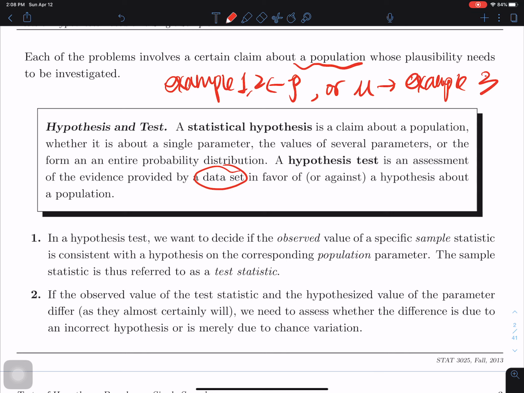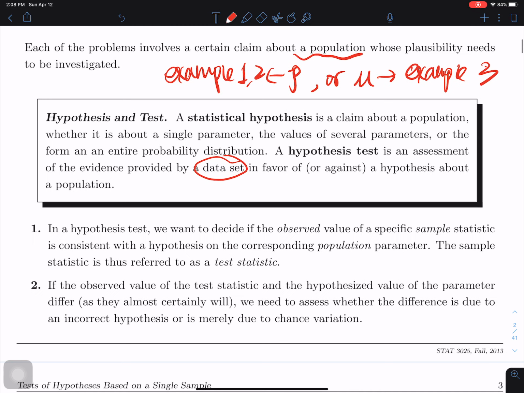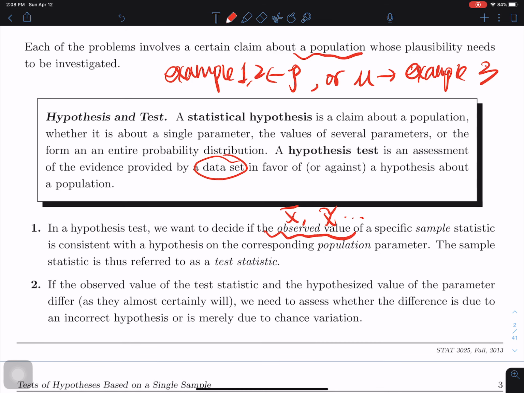And in the hypothesis test, we want to decide if the observed value, where the observed value can be either sample mean, sample median, or any kind of observed value of a specific sample statistic, is consistent with the hypothesis on the corresponding population parameter. That is to say, if my observed value is consistent or has very little difference from the hypothesis value, then most likely my hypothesis is correct.